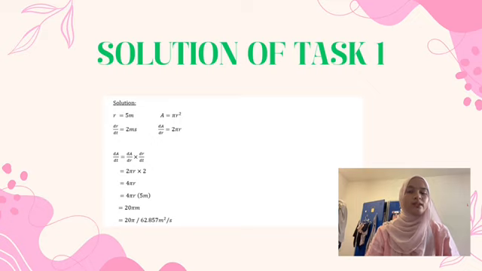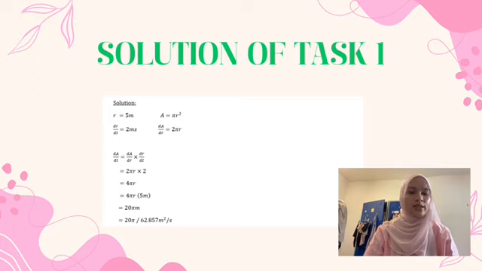Lastly, we conclude that the formula is dA over dt equals dA over dr multiplied by dr over dt. So dA over dr is 2 pi r multiplied by 2, which is dr over dt, and then we got 4 pi r.